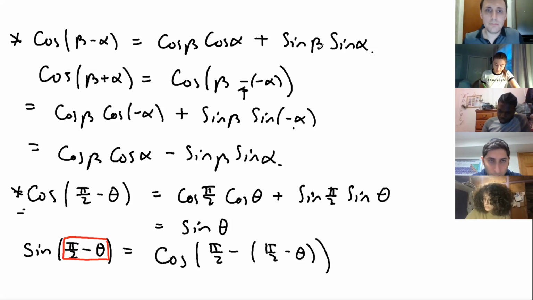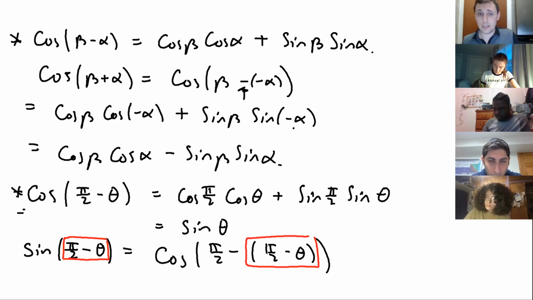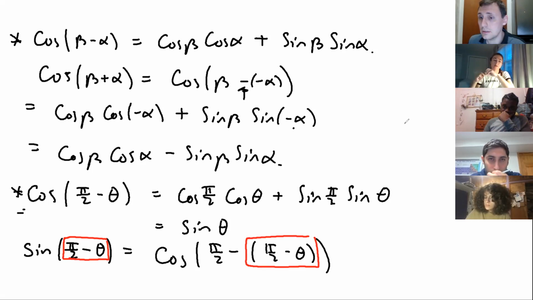Do you understand? What is this saying? You're focusing perhaps on the theta, and that's why the problem looks different. What this is saying is cosine of pi over 2 minus any angle is equal to sine of that angle. So sine of that angle is equal to cosine of pi over 2 minus the angle.